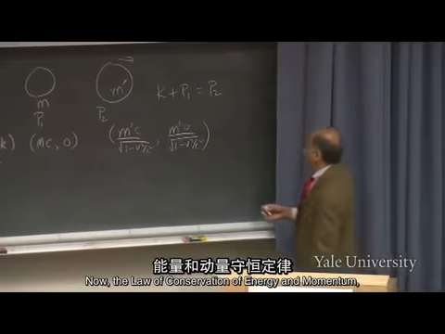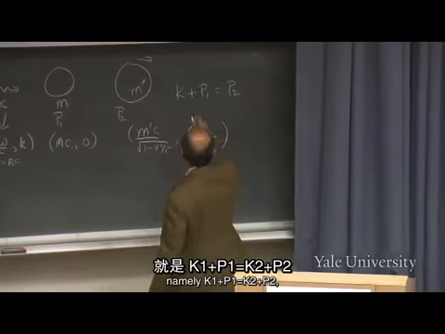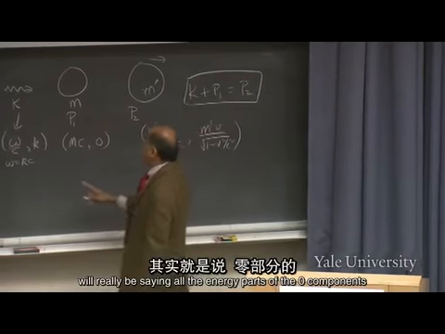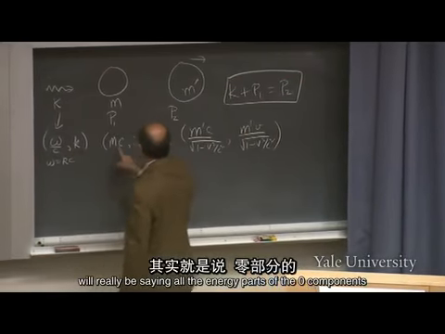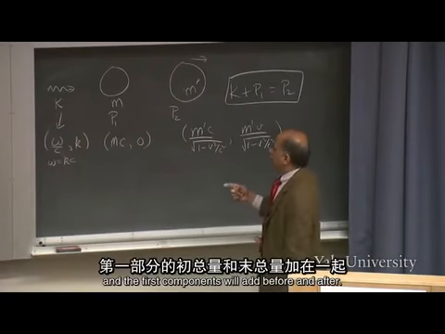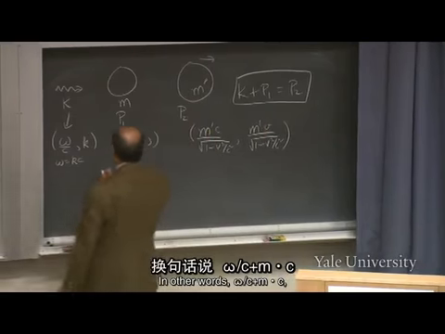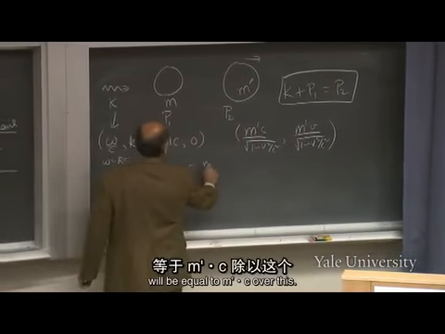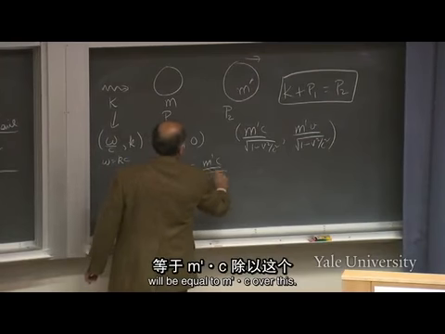Now the law of conservation of energy and momentum, namely K1 plus P1 equals K2 plus P2, will really be saying all the energy parts, or the zeroth components, will add up before and after. And the first components will add up before and after. In other words, omega over c plus mc will be equal to m prime c over this.